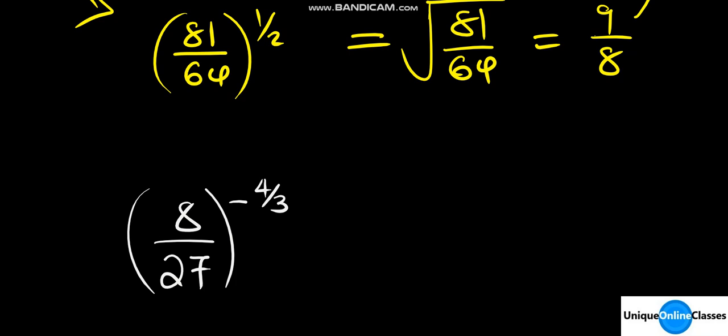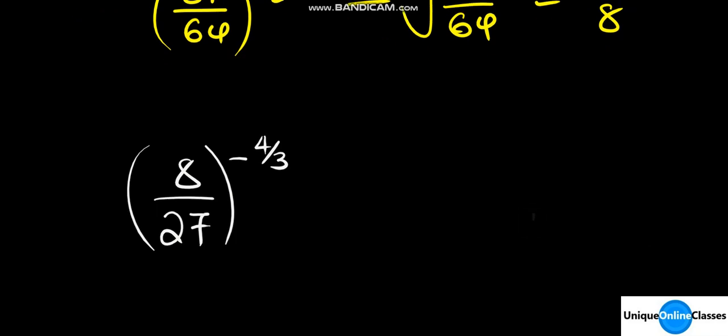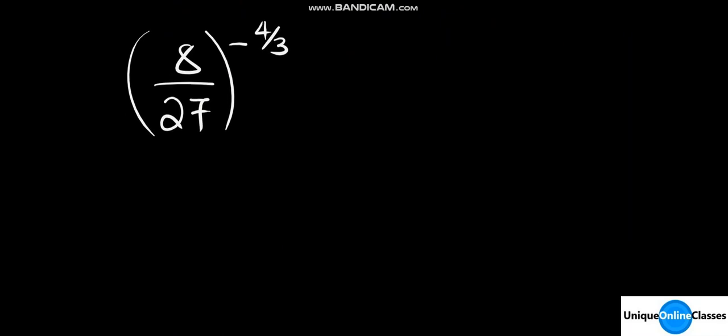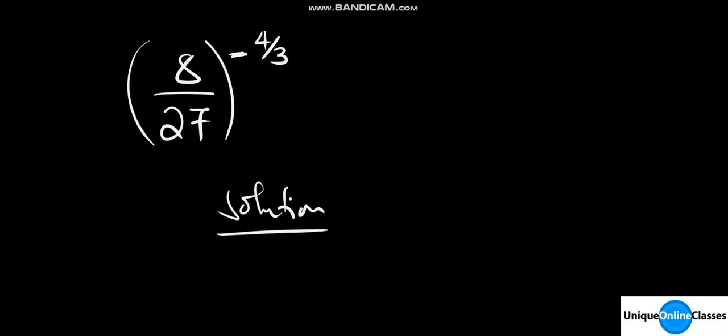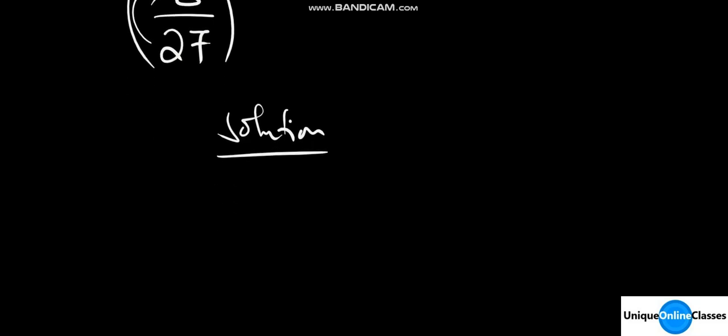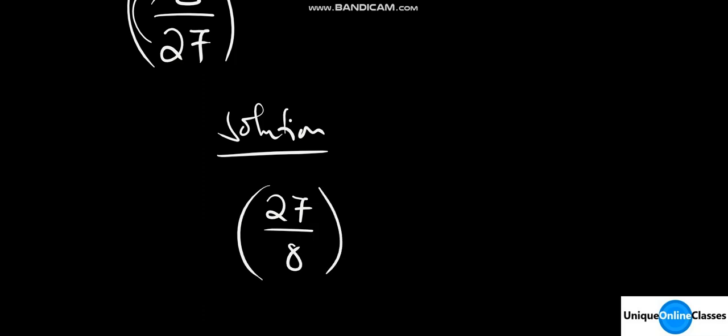By applying the shortest method, the solution of this one: we remove the negative by reversing, so it becomes 27 over 8 raised to the power 4 over 3.